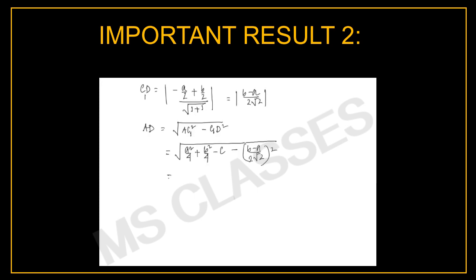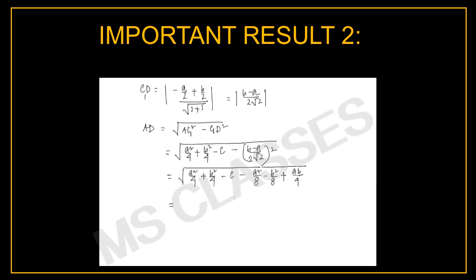You simplify here and we get a square by 4 plus b square by 4 minus c minus a square by 8 minus b square by 8 plus ab by 4.